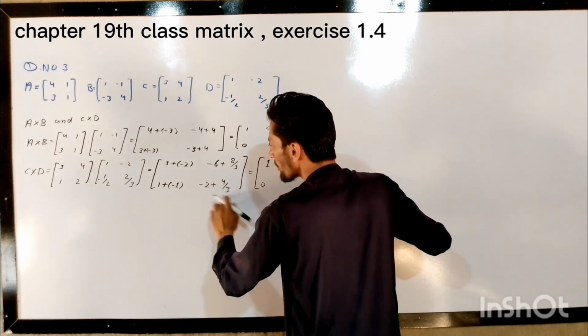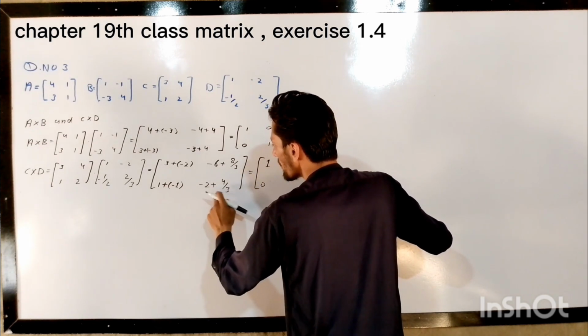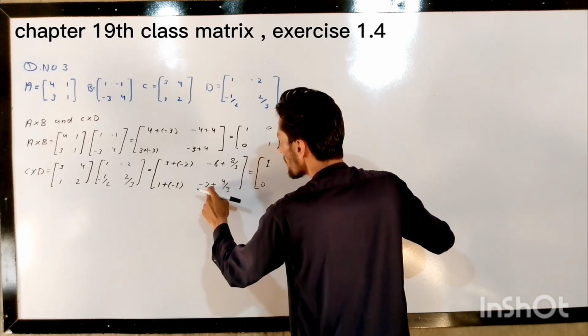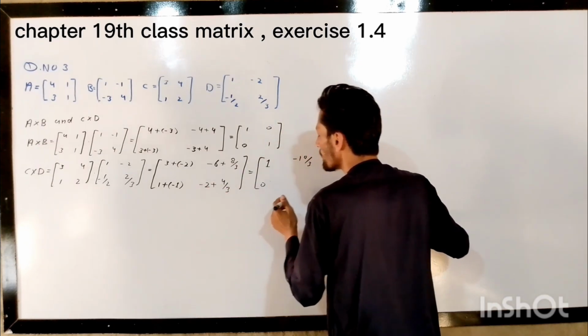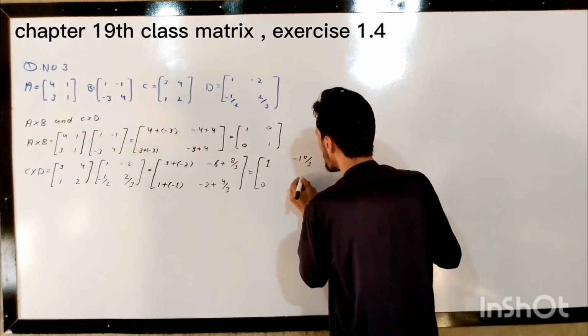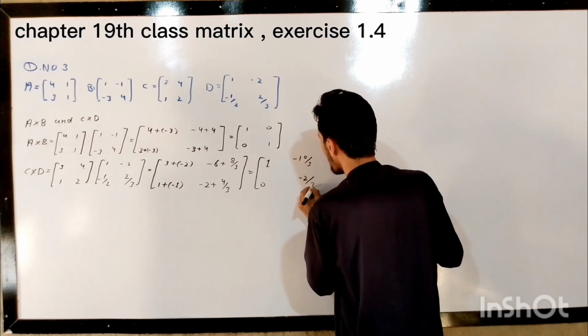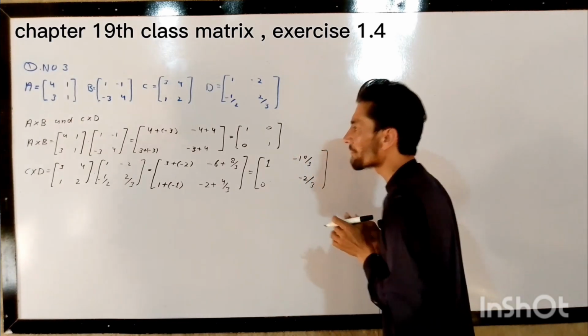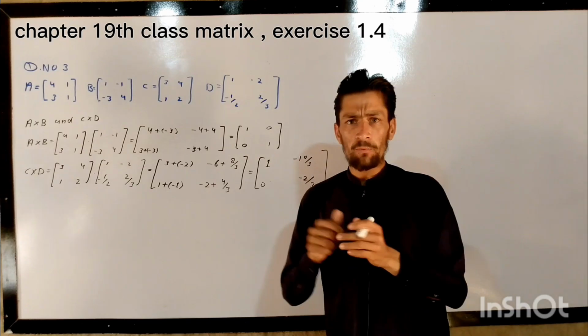Now taking LCM of 3 over 1 over 2, that will be 3 multiply 3 with 2 will be equal to 6, minus 6 plus 4 will be equal to minus 2 divided by 3. So this is the result of that matrix. I hope you will be understanding.